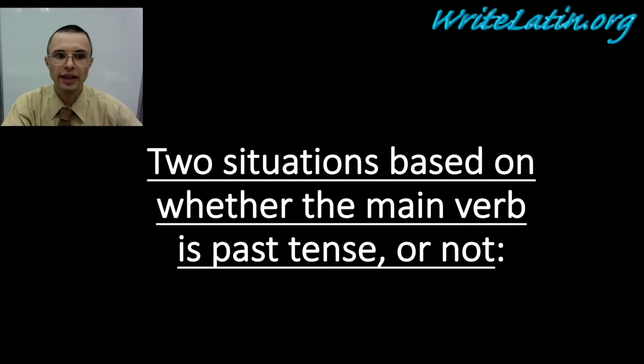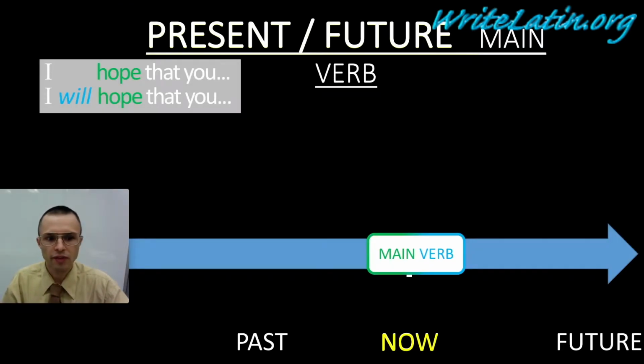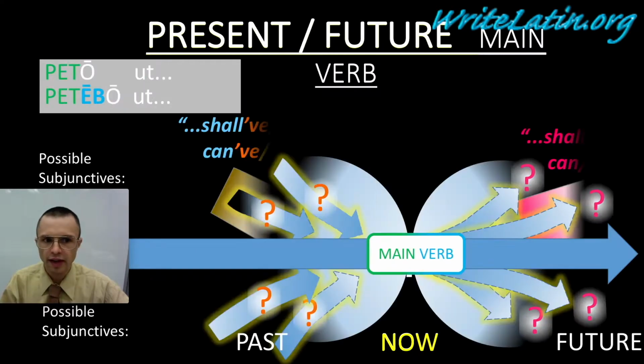All right, so in English and Latin, there are 2 different situations based on whether the main verb in the sentence is past tense or present tense. So the first situation is that the main verb is either present or future tense, like I hope that you, or I will hope that you as our main verb. In Latin, this would be peto ut, or petam ut.